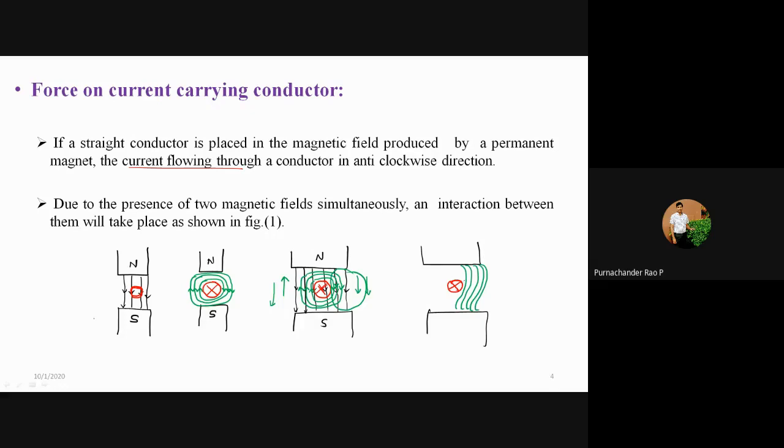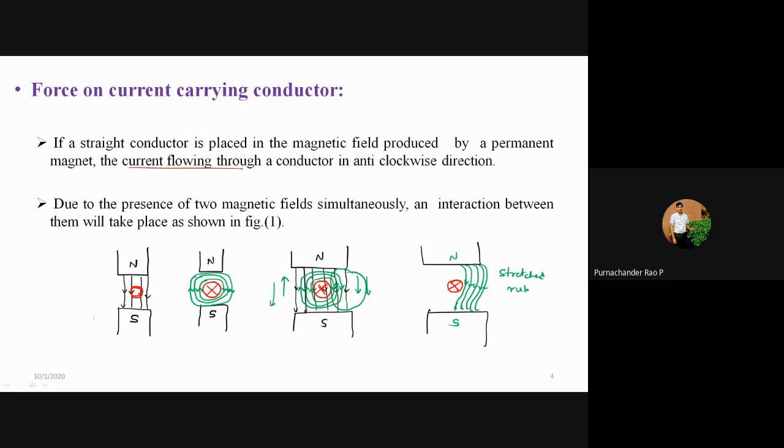So this flux is in this direction, and you can see that the net flux will be in this fashion for this North Pole and South Pole. And therefore, these flux lines look like a stretched rubber.